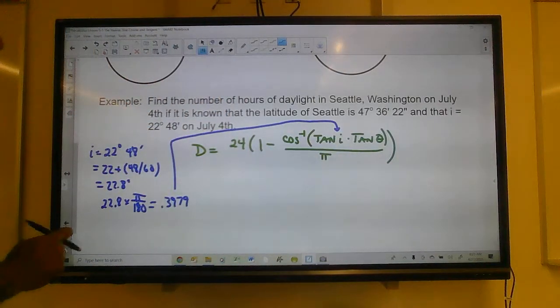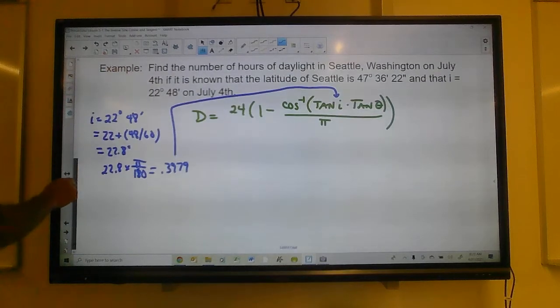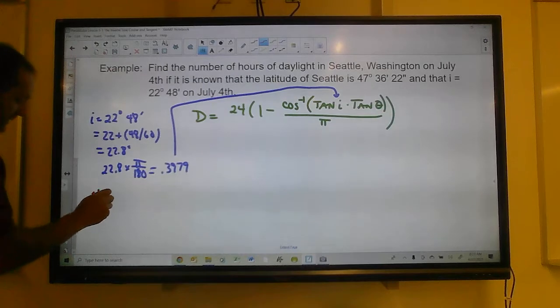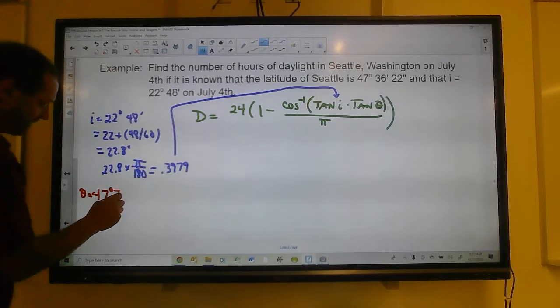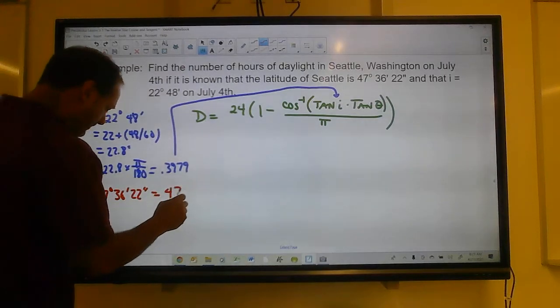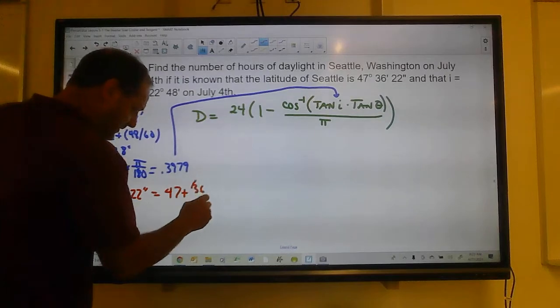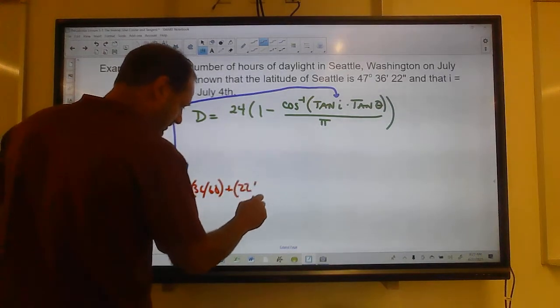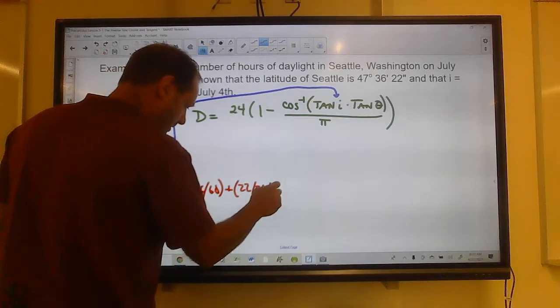Now I have to calculate theta. Theta is 47 degrees, 36 minutes, 22 seconds. So this is going to be 47 plus 36 divided by 60 plus 22 divided by 3600.